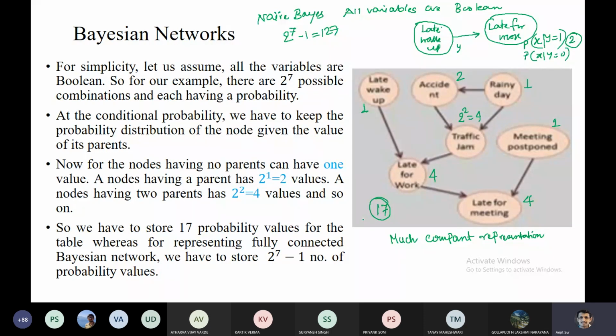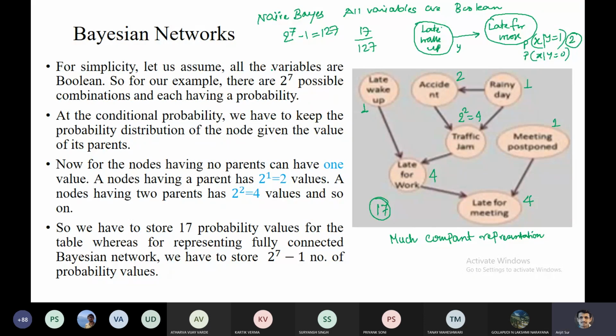So we can compress the number of probabilities. What does this mean? The computational complexity is reduced by how much? 17 by 127. By that fraction we have reduced the computational complexity. It's almost 6 times, more than 6 times.